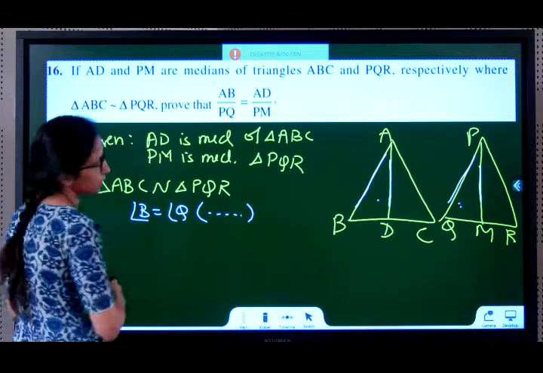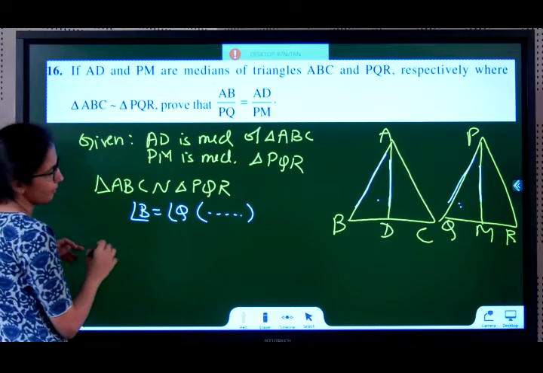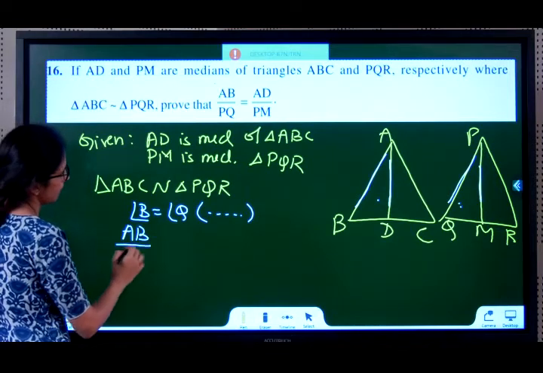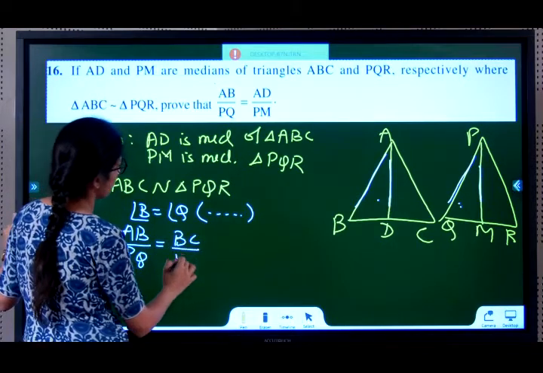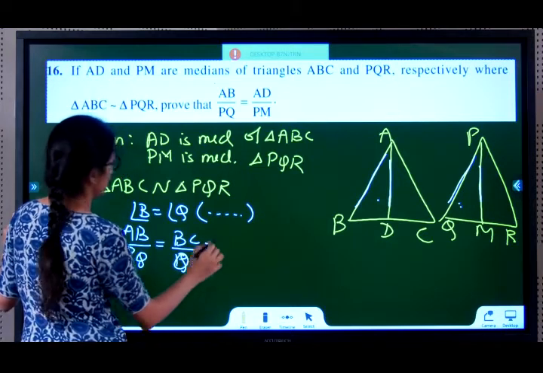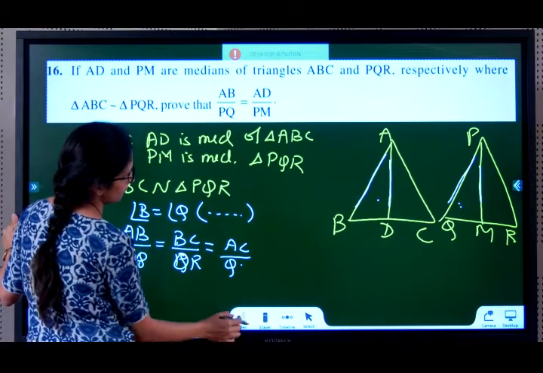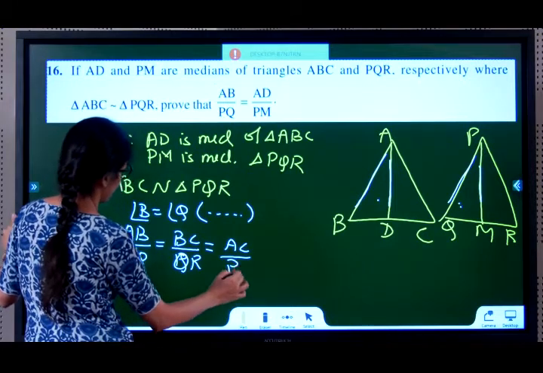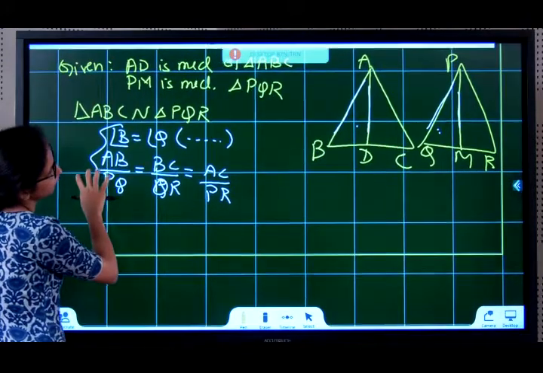Corresponding angles of similar triangles are equal. And I will also use the side ratio thing. So AB by PQ is equal to BC by QR is equal to AC by PR. I'm going to use things from here.